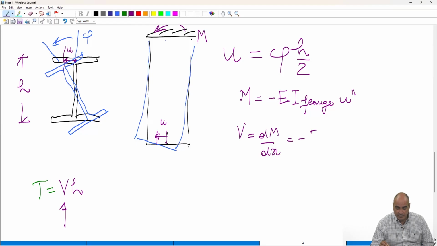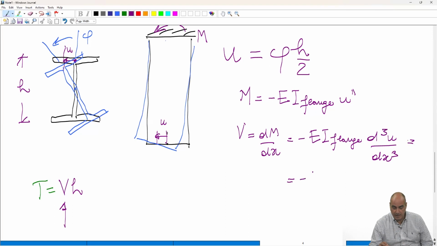So it is minus E J flange, the third derivative of u, but u is phi times h half, so it is minus E J flange, the third derivative of phi, and I put some h half here.